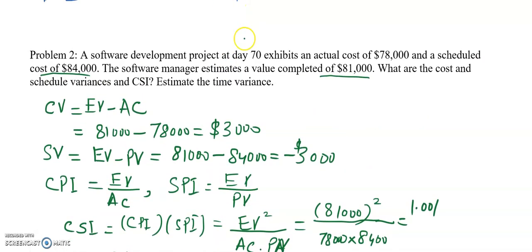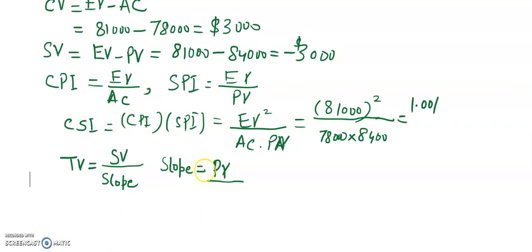So in 70 days, the planned value was $84,000. Planned value divided by number of days. So $84,000 was planned to be spent in 70 days. So this was the slope.